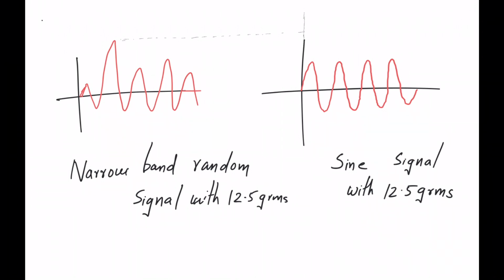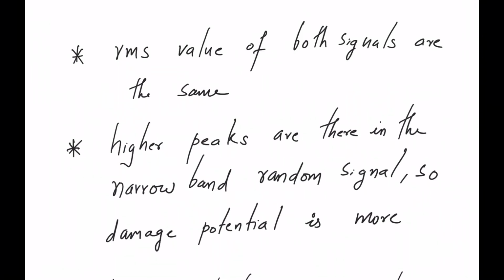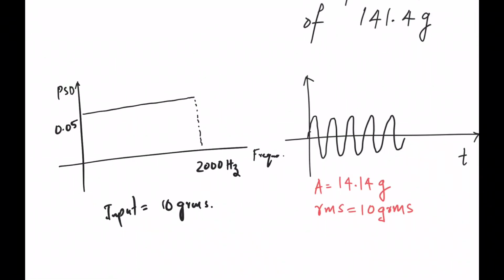But here you can see there are certain peaks which are not there in the equivalent sine signal. So the damage potential will be more when your hardware is subjected to this response compared to this. That's a big difference. The RMS values of both signals are the same, but the first one has higher damage potential because amplitudes are high.